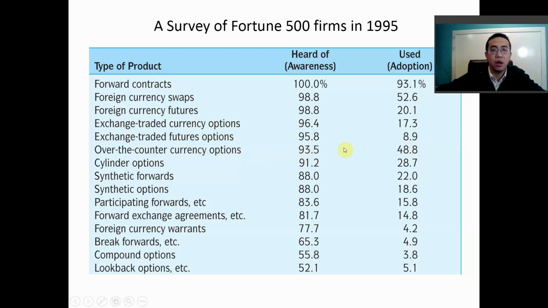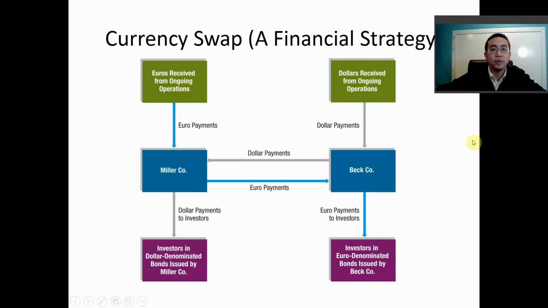So those options also have wide usage. And there are also cylinder options, something we learned earlier in the late part of the option chapter, and also synthetic forwards, synthetic options. Synthetic basically means combinations. Okay, so now I highlighted the ones that are heavily used.